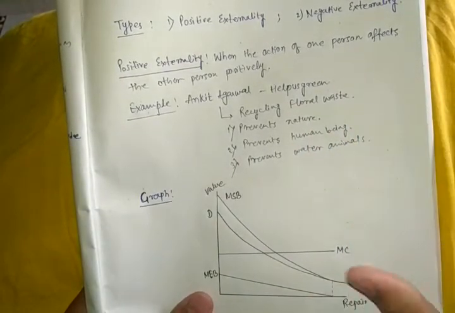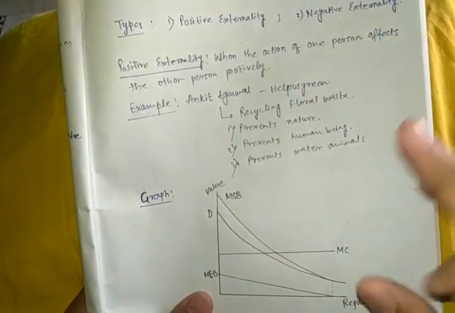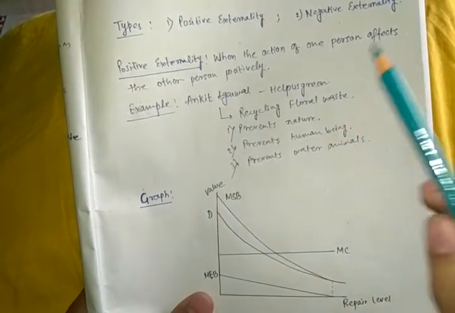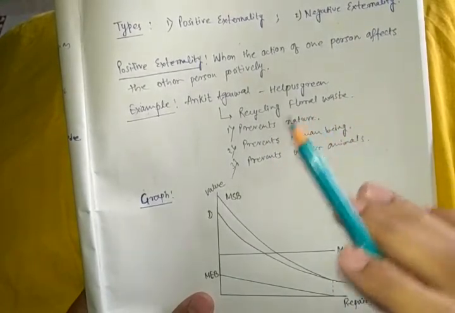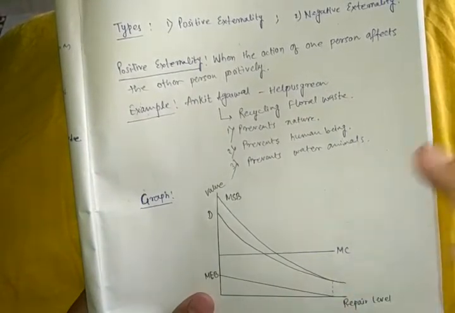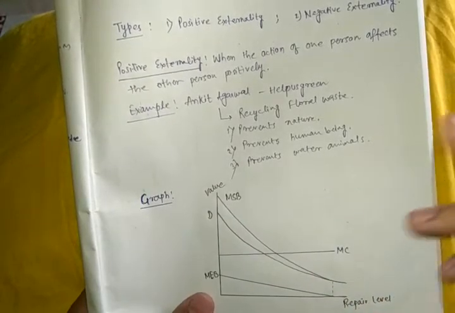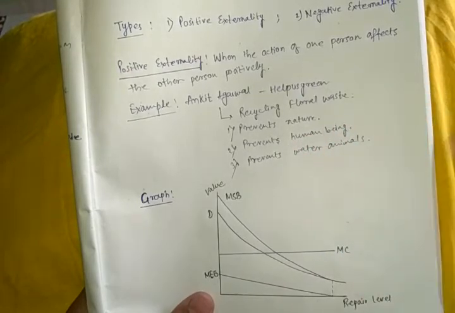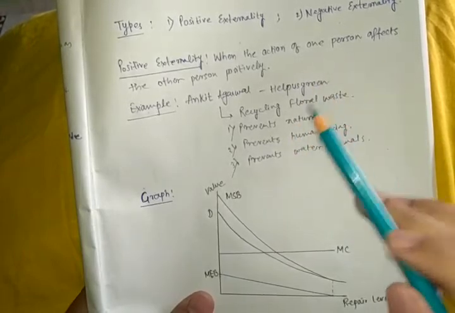Ankit Agarwal thought about this floral waste, and his idea was to turn it into incense sticks. From there he is protecting nature. Suppose floral waste is thrown into the river: the river gets polluted, and bacteria arise, causing hepatitis, diarrhea, and many other diseases. So he is preventing the water from getting polluted.